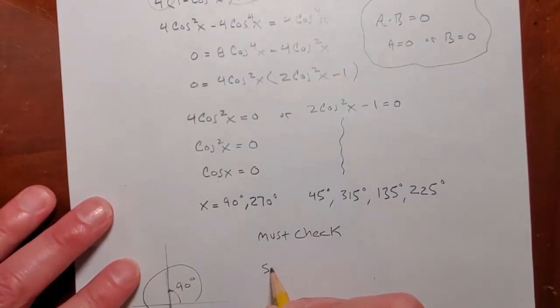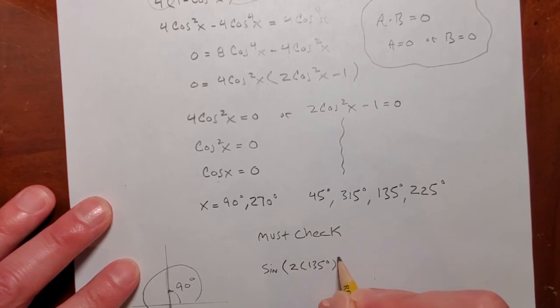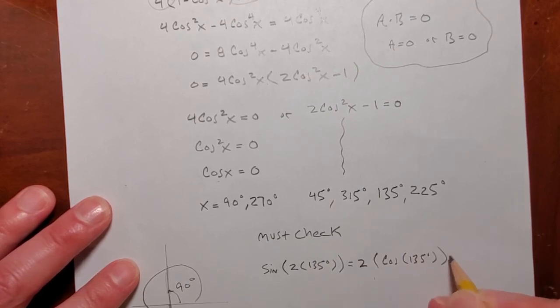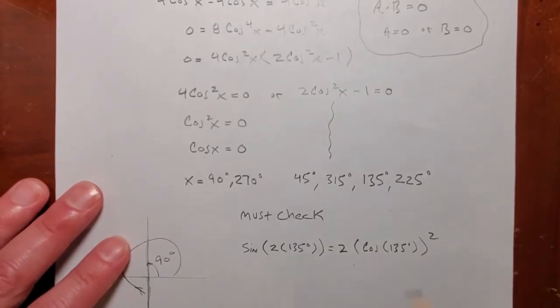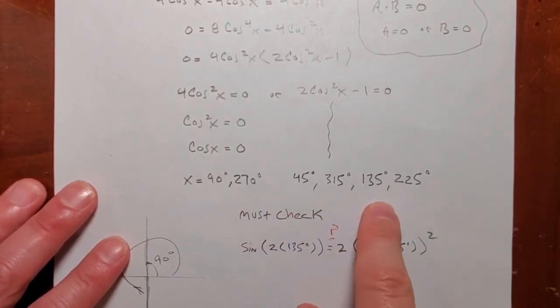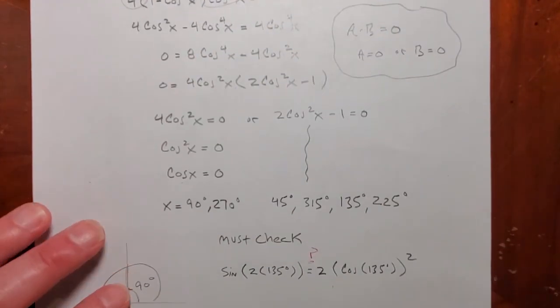So sine of 2 times 135 degrees equals 2 cosine 135 degrees squared. All right, and I'm going to put a question mark as if I'm not sure that all of these work. That's the nature of squaring both sides of the equation.